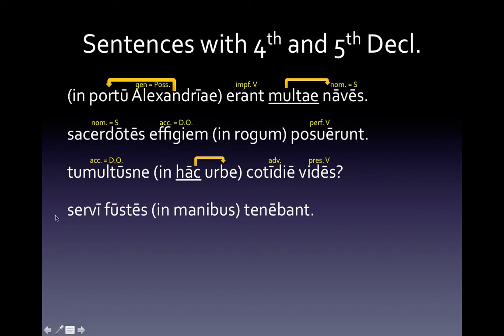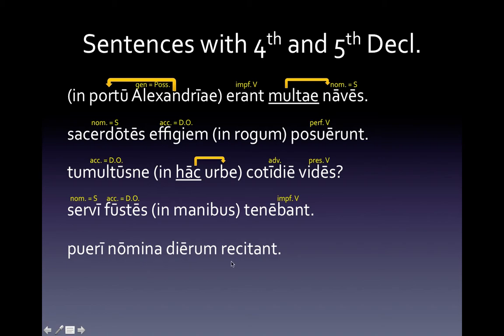Considering that we have another noun in the sentence, which is most likely our subject, let's assume that this is our direct object, that it's the accusative. In manibus is a prep phrase. It's in plus the ablative. Ibus is our ablative plural ending. And we've got our imperfect verb. So the slaves were holding clubs in their hands.